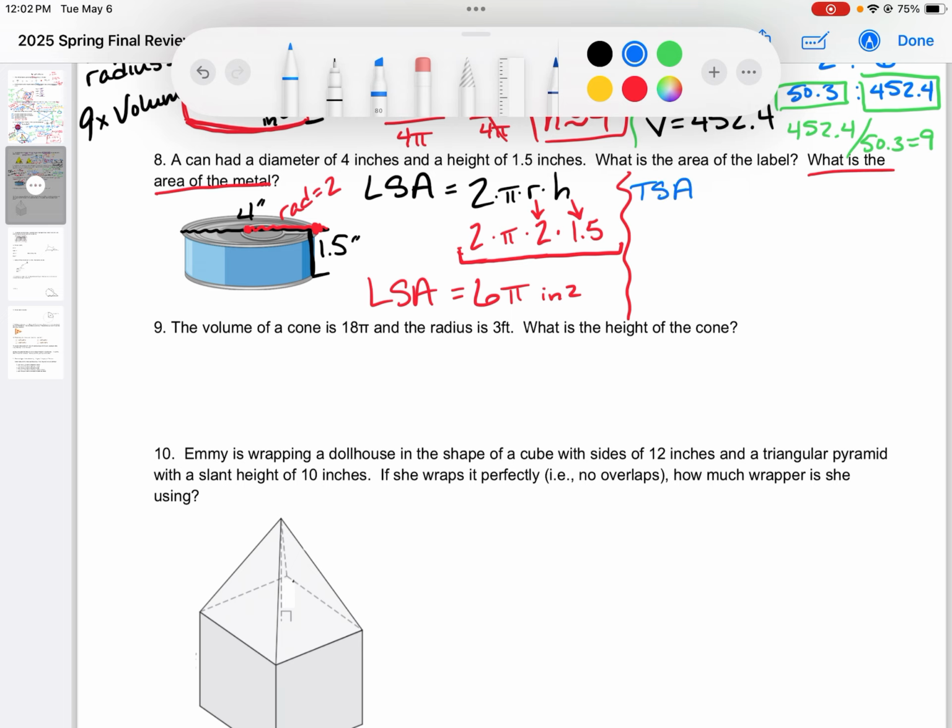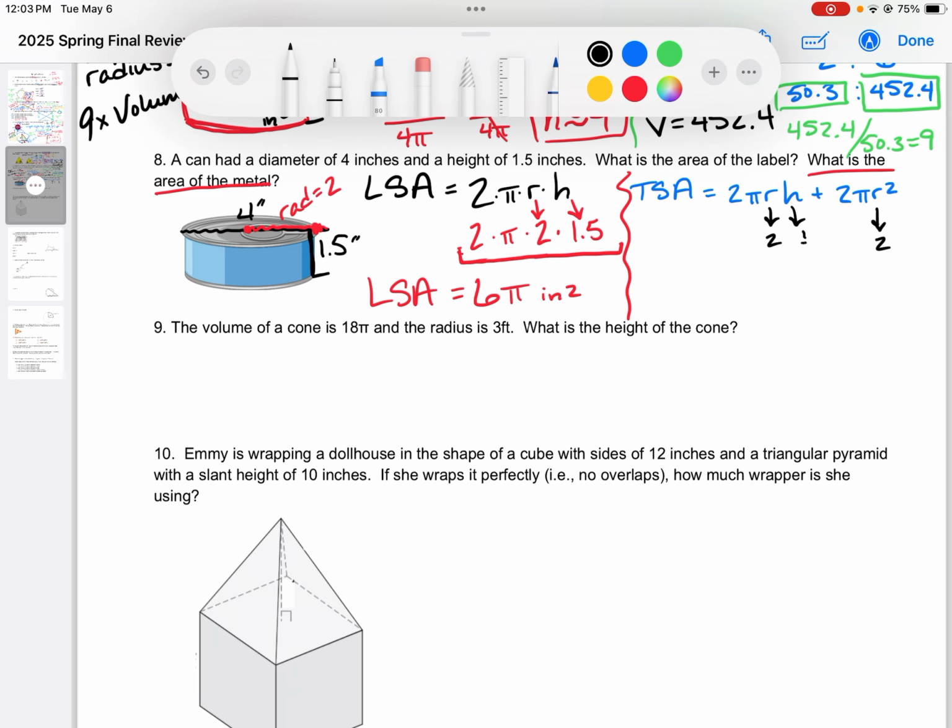And when we're looking for our total surface area for a cylinder, the formula is 2 pi r h plus 2 big B, which is pi r squared for a circle. So again, seems like a lot of information, but we already have all the numbers we need.